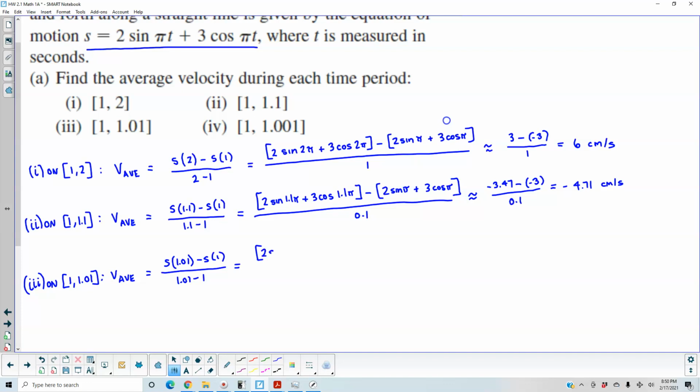So we have 2 times the sine of 1.01 pi plus 3 times the cosine of 1.01 pi minus 2 times the sine of pi plus 3 times the cosine of pi, all over 0.01.